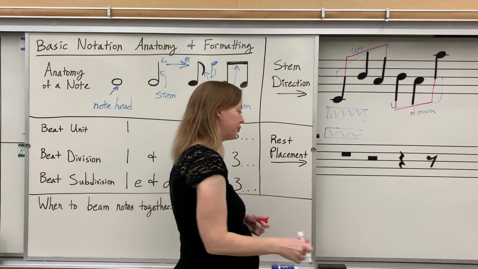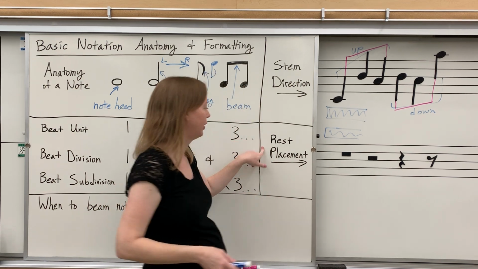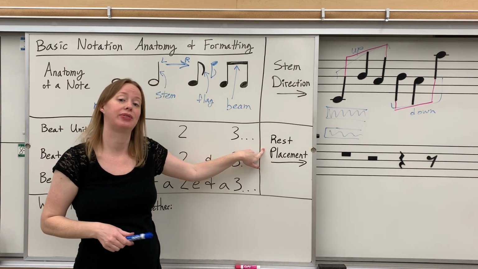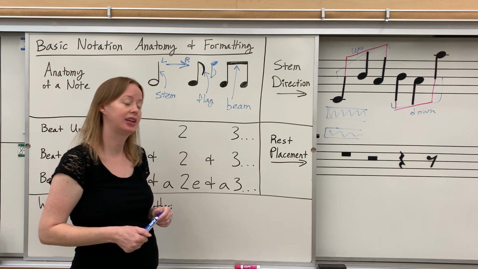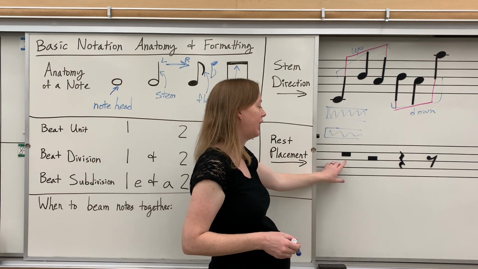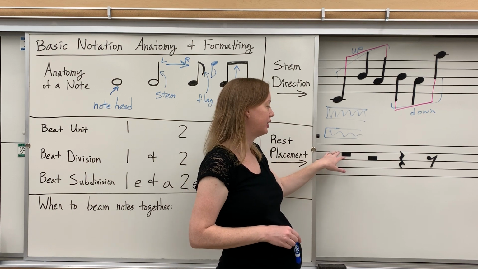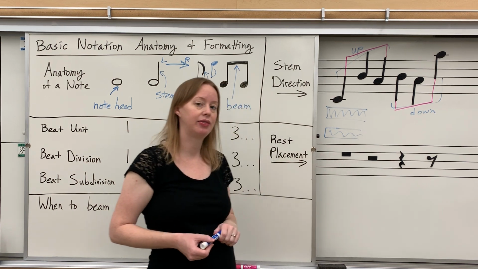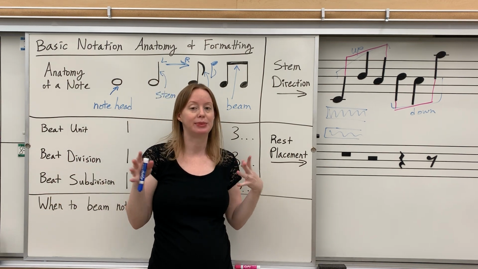So there you go. When you look at rests, they have to be placed specifically in an area of the staff to be correct. So whole rests and half rests are both in the third space of the staff, but that is only when we are doing things by themselves.